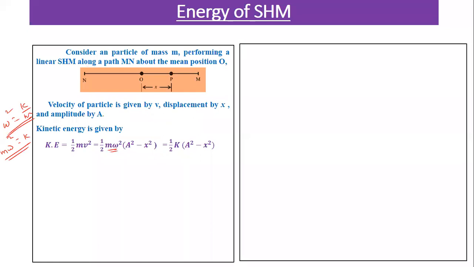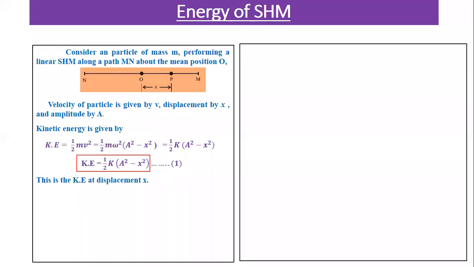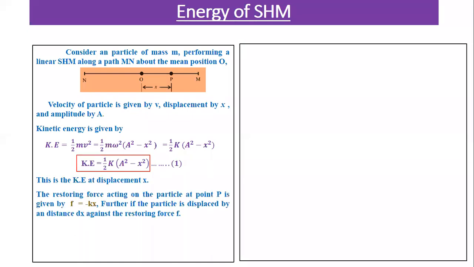You remember both formulas for kinetic energy: the first expression is in terms of m and omega, and the second is in terms of k. So we get the formula for kinetic energy: 1 by 2 k times (a square minus x square). This is the kinetic energy at displacement x.